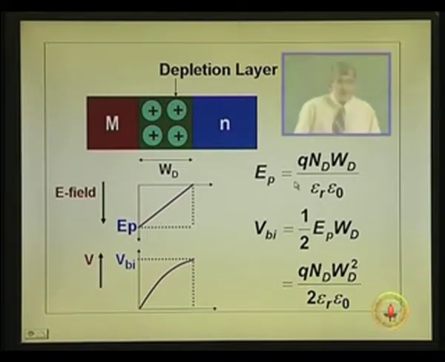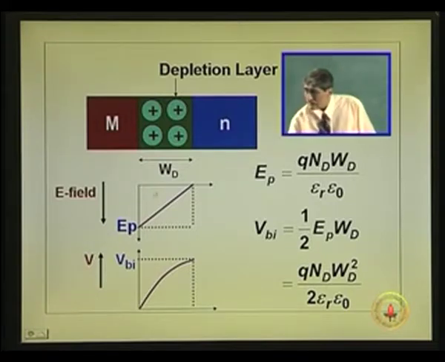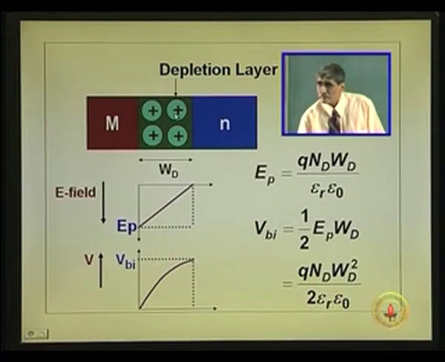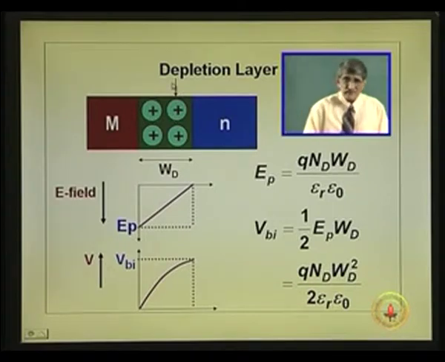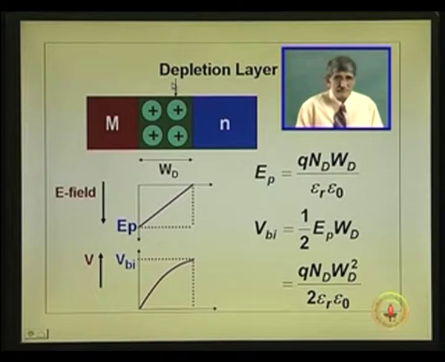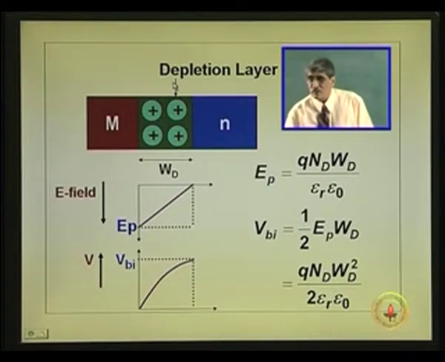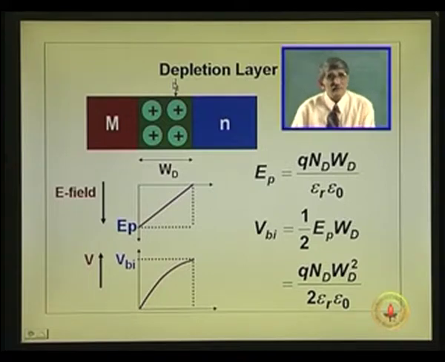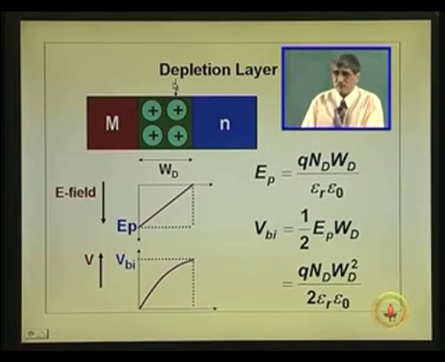Once you know what the peak electric field is, you can find out what this voltage is. See, what we are trying to find out is, we know the value of V B I, we know it to be equal to 0.953. What we are trying to find out is, what is the depletion layer width for a particular doping. So, for that we are making use of the expression.